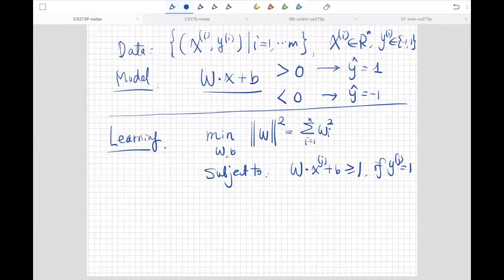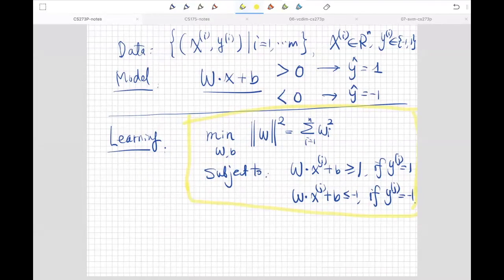And W dot Xj plus B has to be less than -1 if your Yj is equal to -1, on the other side. That is the new model we're going to deal with. You can see it's different from the previous model, and this problem is called a constrained optimization problem.